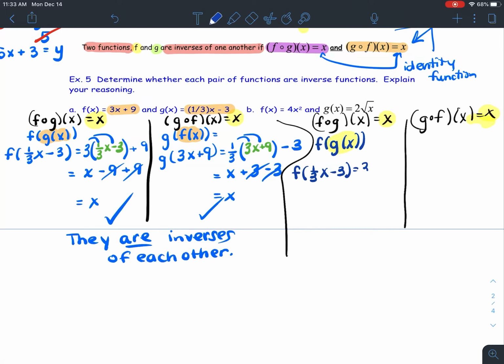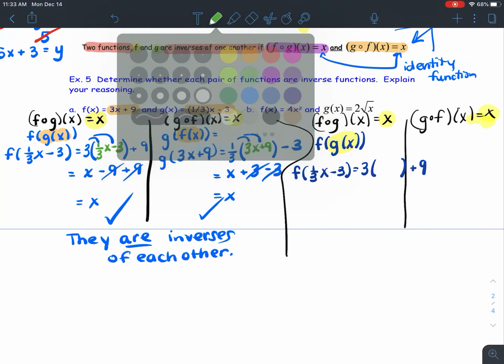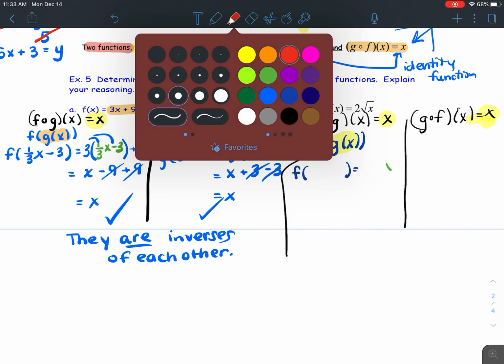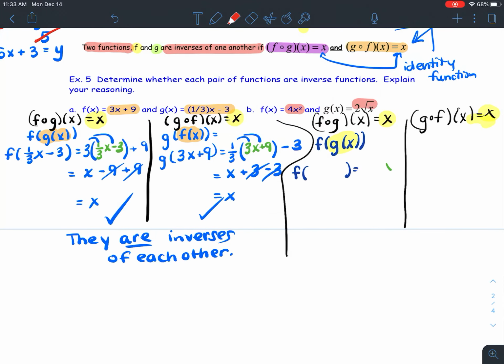So I want to write out 3 parentheses plus 9, and I'm going to substitute a 1/3 x. Oh, I'm sorry. I'm doing the wrong problem here. Oh, you guys are probably like, what in the world is she doing here? We got 2 different equations over here. We switched problems. Here's f and here's g. I apologize. Okay, so let's go back to this.